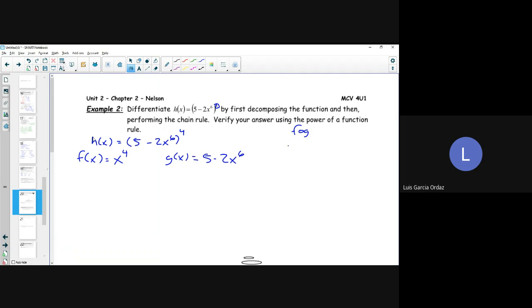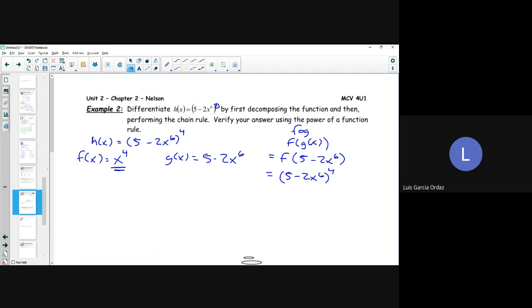I know that my g of x is 5 minus 2x to the 6. Wherever I see x in f of x, I'm going to sub in my expression 5 minus 2x to the 6, and in turn we get 5 minus 2x to the 6, all to the power of 4.